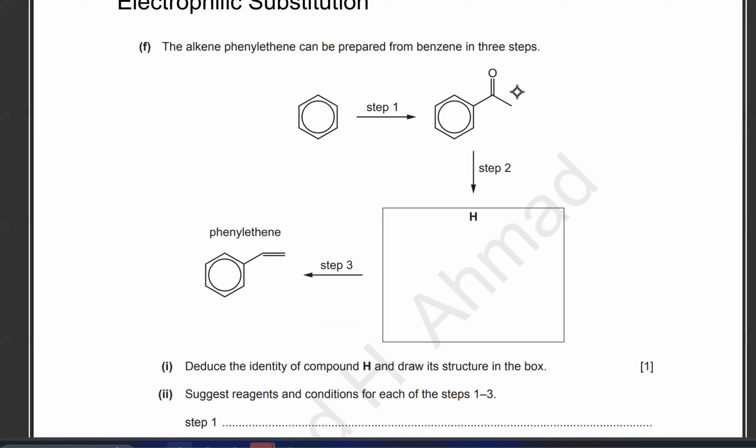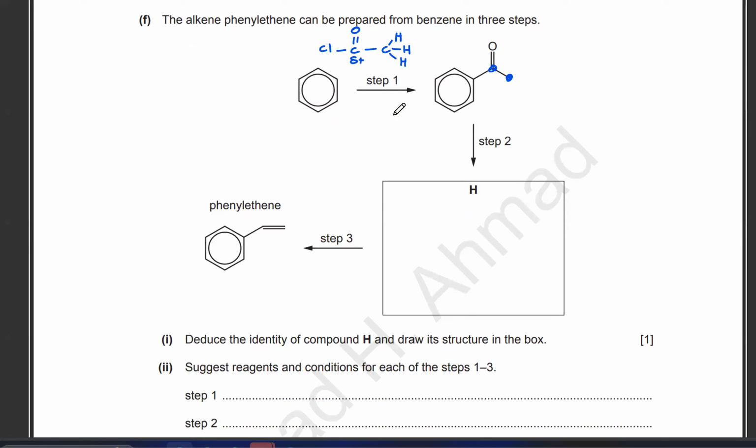It's not just an alkyl chain that's getting attached, it's a C double bond O. I mean, it's two carbon atoms, right? So this is CH3, and there's going to be a Cl. The carbon is going to be very strongly positive. So this carbon gets attached to the benzene.